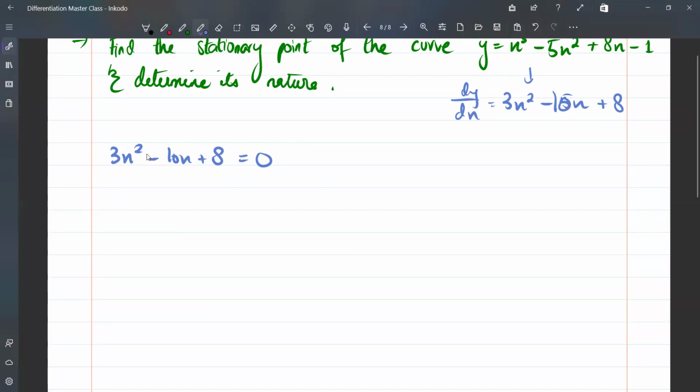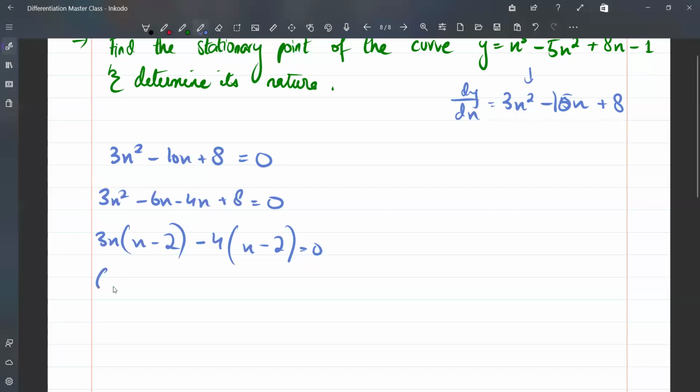This is a quadratic equation, so we have to solve this. 3x square minus 6x minus 4x is minus 10x, plus 8 is equal to 0. So 3x minus 4 and x minus 2 is equal to 0.